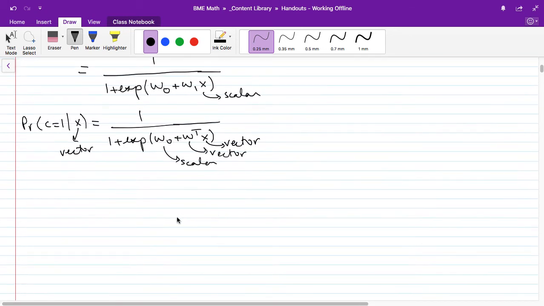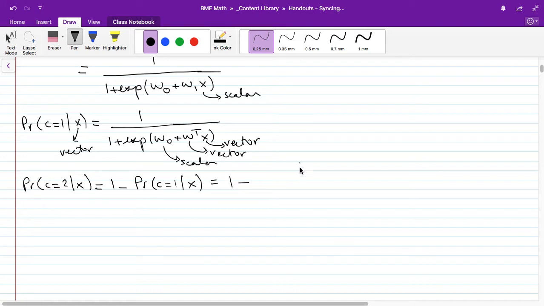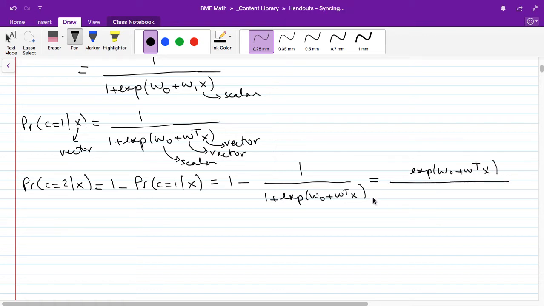So just to remind you, if you have two classes, the probability of class 2 given x is just 1 minus the probability of class 1 given x, which is equal to 1 minus this quantity, which is equal to the ratio of these exponentials.